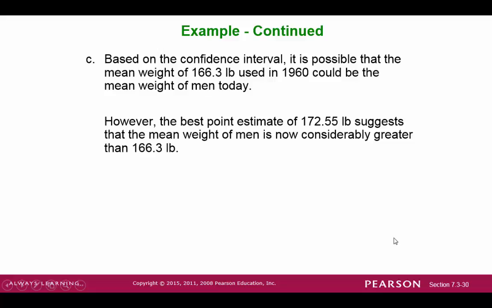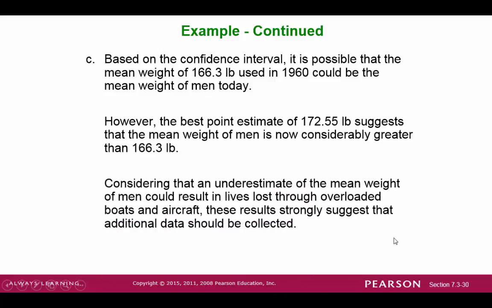However, the best point estimate of 172.55 would probably be a better point estimate to use. Considering an underestimate of the mean weight of men can result in lives lost through overloaded boats and aircrafts, we probably should shift that idea to 172.55.